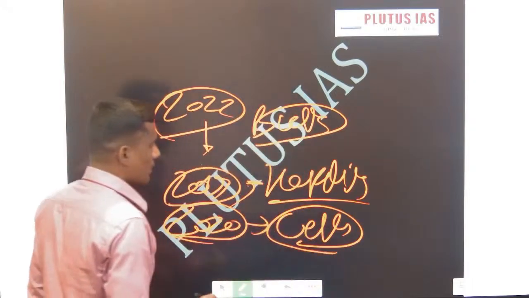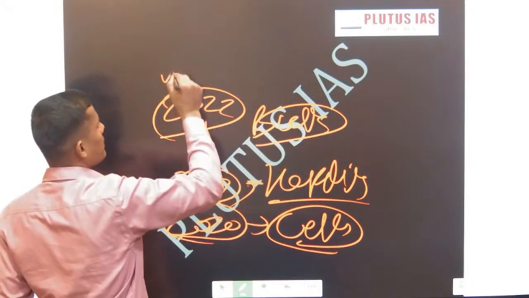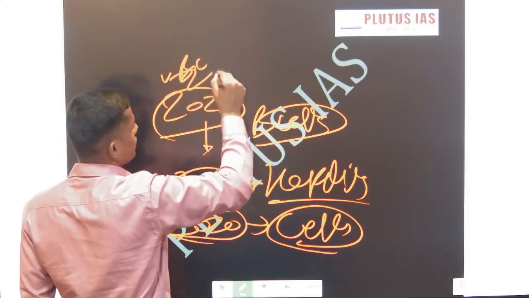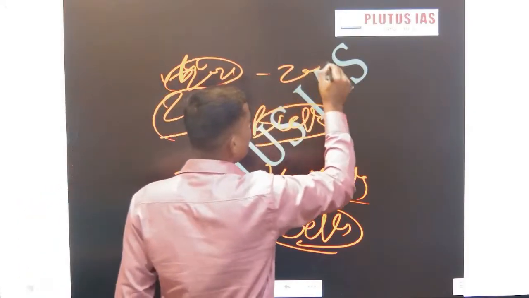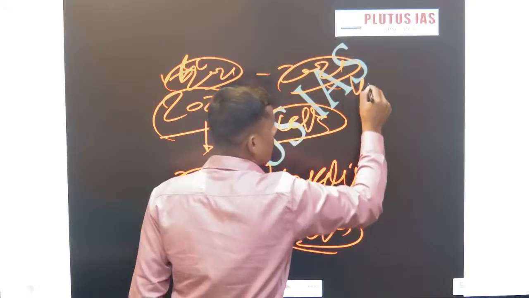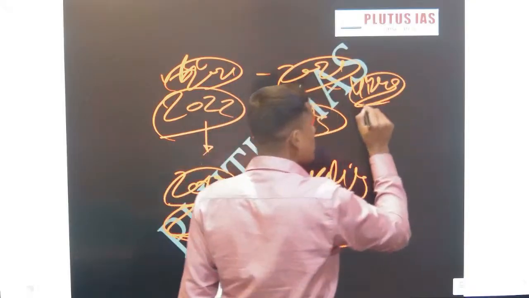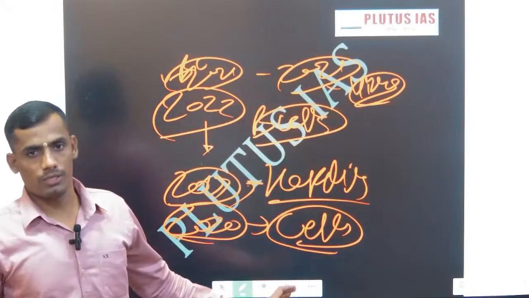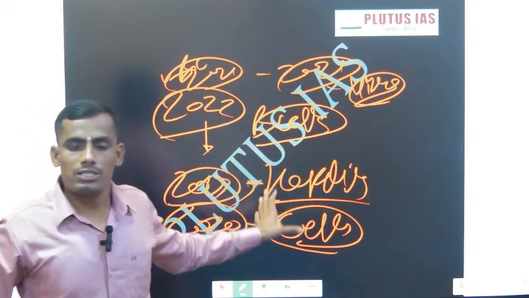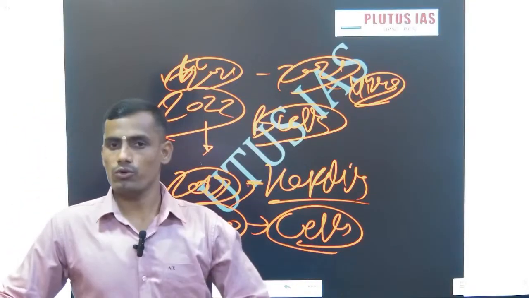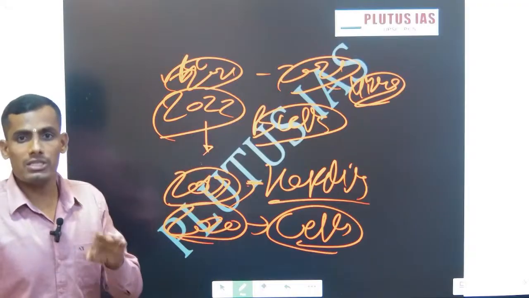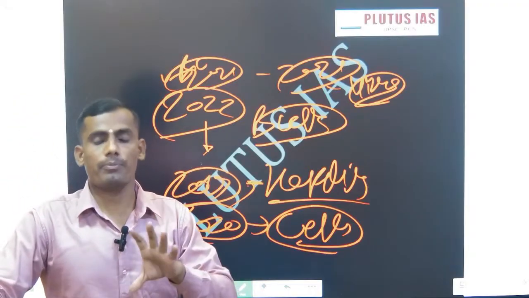In 2021 also they asked a question on viruses, but that too in the context of application. So my point is this: in the last 6 years there are around 4 to 5 questions on basic science, compared to space tech and other technology.